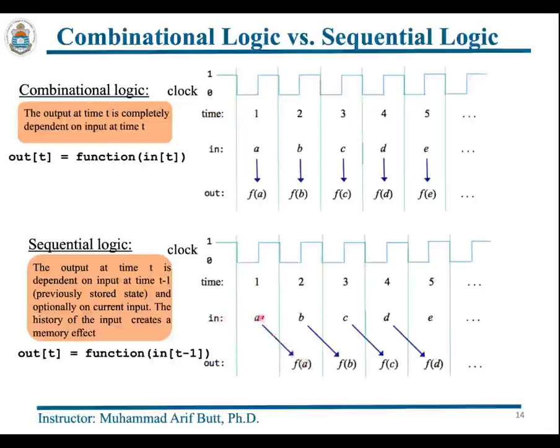This is the input at time 1 or the state of this chip at time 1. The output at time 2 is basically a function of the state at time 1. Similarly, at time 3, the output depends on the input at time 2. Similarly, at time 4, the output depends on the input at time 3. And this process goes on.